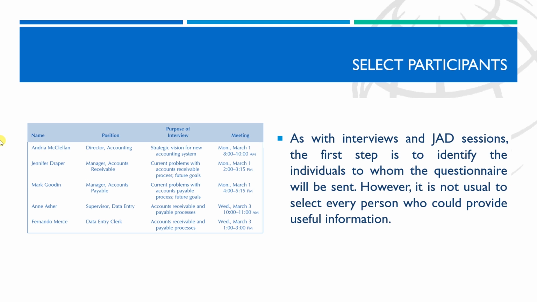The standard approach is to select a sample or subset of people who are representative of an entire group. Sampling guidelines are discussed in most statistics books, and most business schools include courses that cover this topic. The important point in selecting a sample, however, is to realize that not everyone who receives a questionnaire will actually complete it.